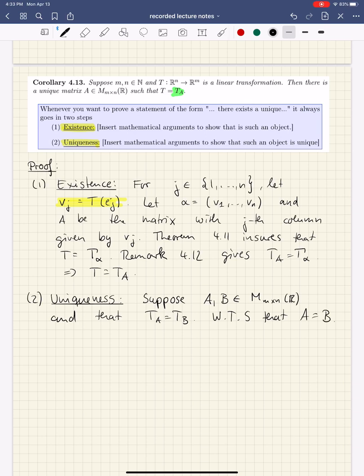So how do you show that two matrices are the same? Well, one way of doing it is showing that each and every entry is the same. But what we're actually going to show here is that each and every column is the same.